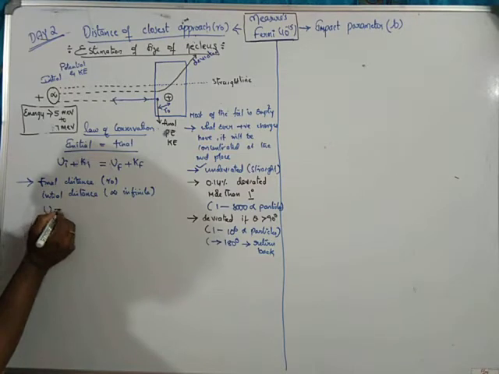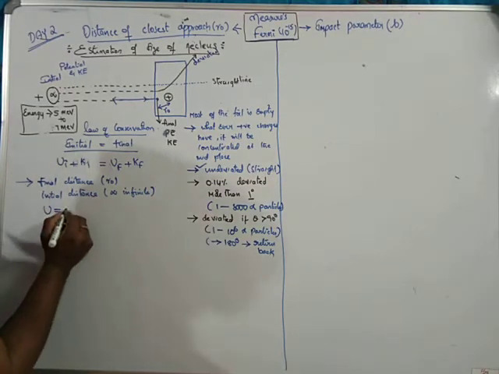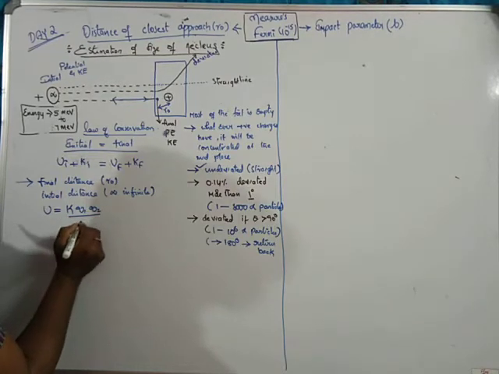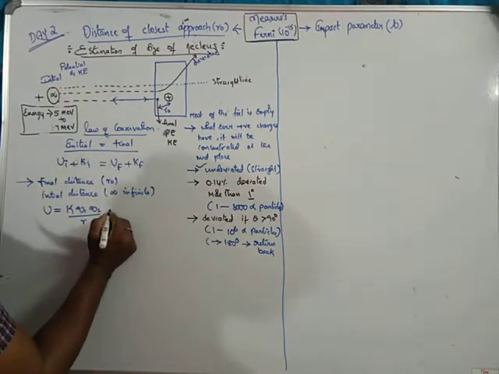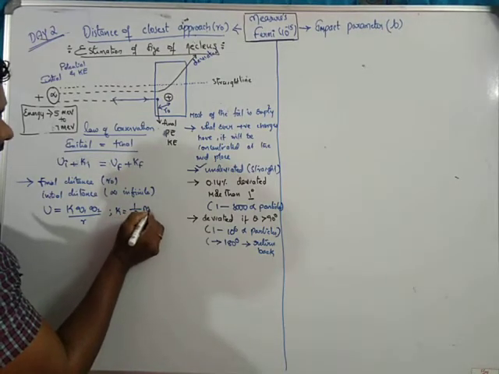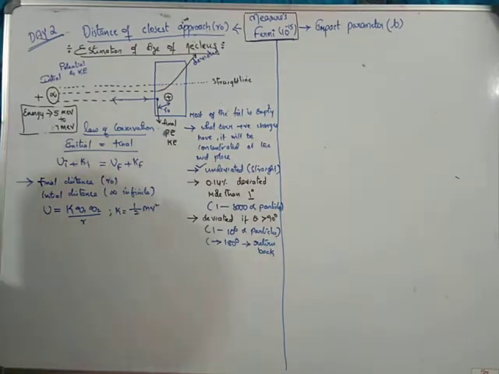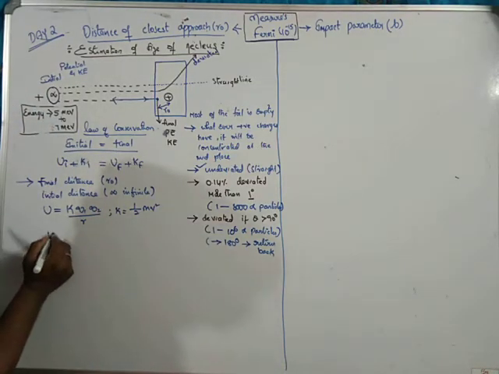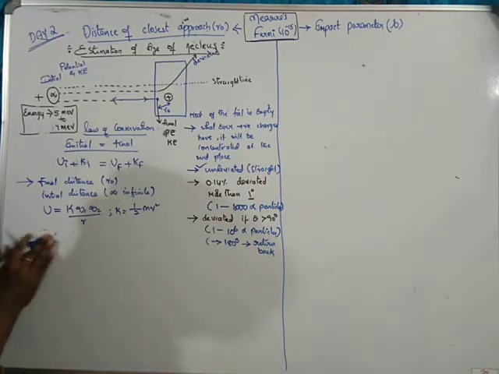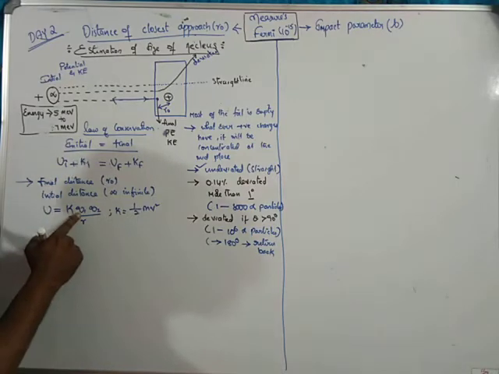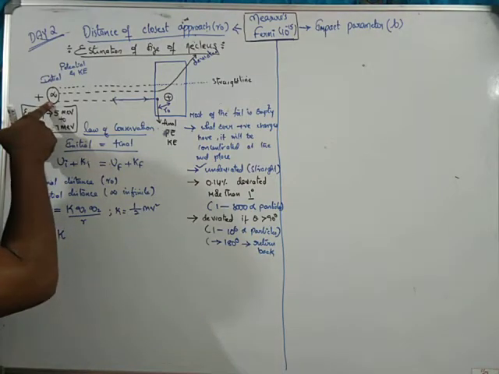The formula for potential energy is K Q1 Q2 by R, and kinetic energy K is half mv square. Now substitute these values. Whenever we consider the initial condition, Ui is, by substituting the values, K into the initial charge.